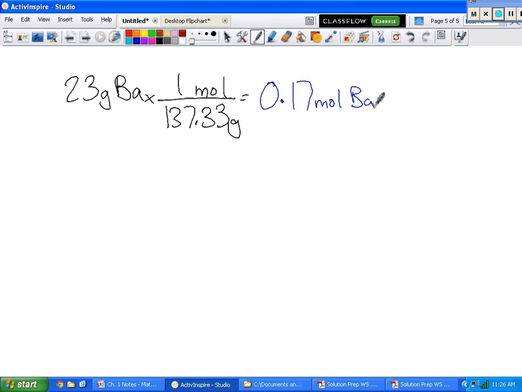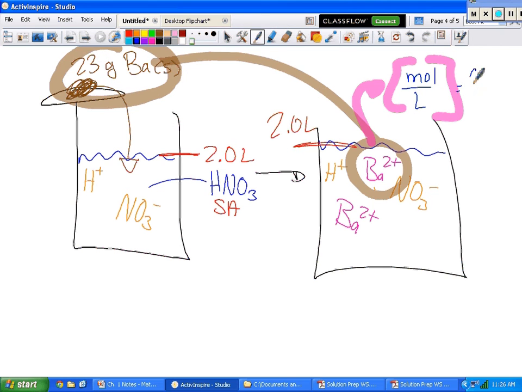So if I go back to this picture, I now know that I'm working with 0.17 moles with how much volume? 2 liters. It said to a volume of 2 liters. So what is the concentration of my stock solution? Moles divided by liters. 0.085.